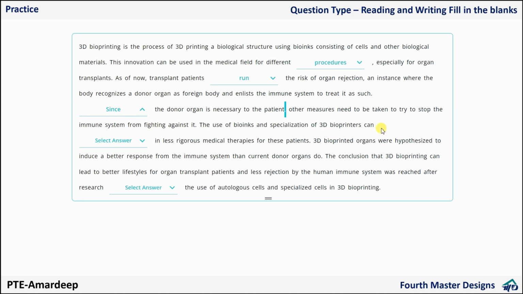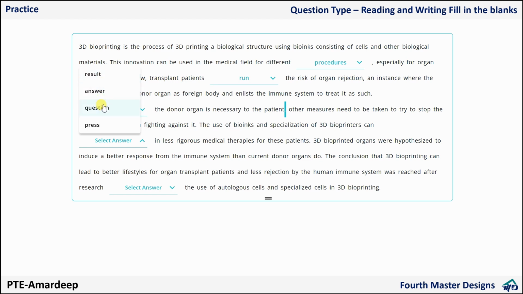Then, guys, the use of inks and specialization of 3D bioprinters can dash in less rigorous medical therapies for these patients. Can dash in less, means in less rigorous. Can dash. So with can, I should go for the first form of the verb.